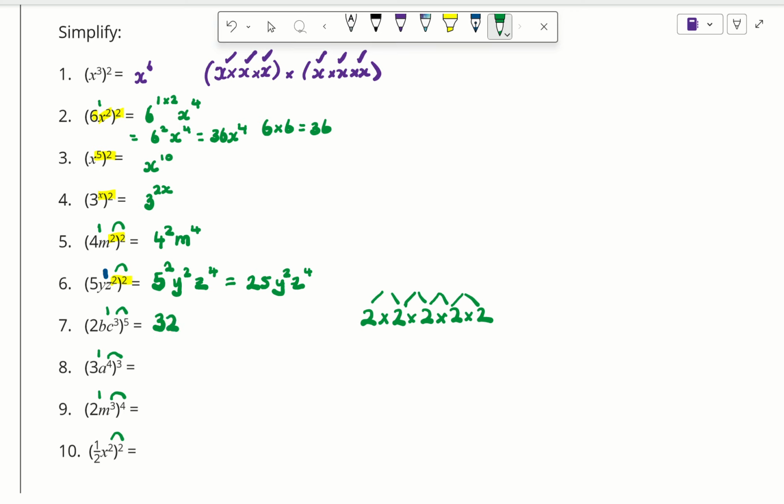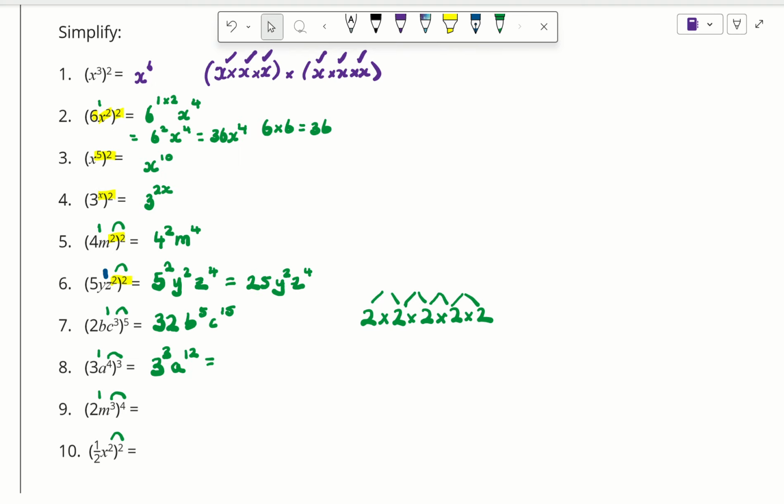So hopefully you can do that to the side if you have a test. 1 times 5 is b to the power of 5. c to the power of 3 fives is 15. 3 to the power of 1 times 3 is 3 to the power of 3. a to the power of 12.